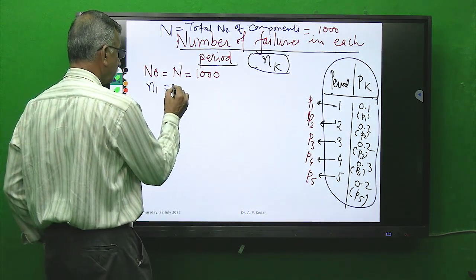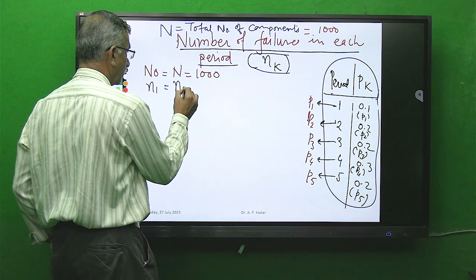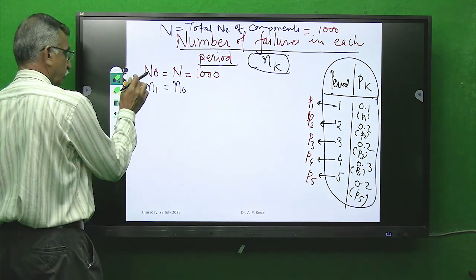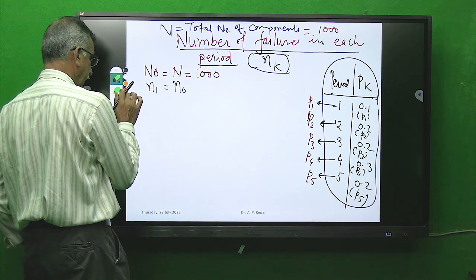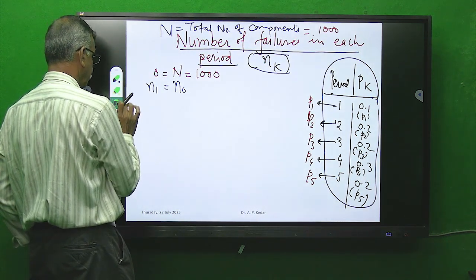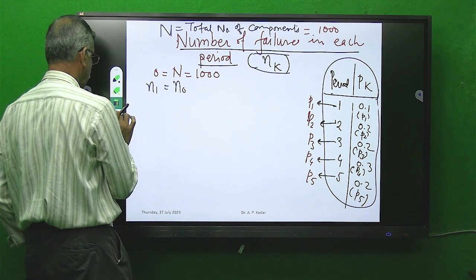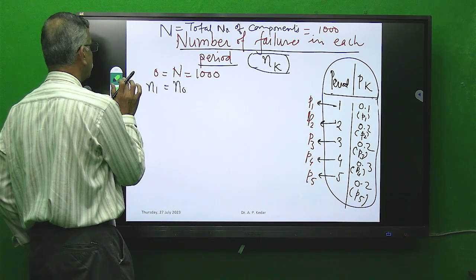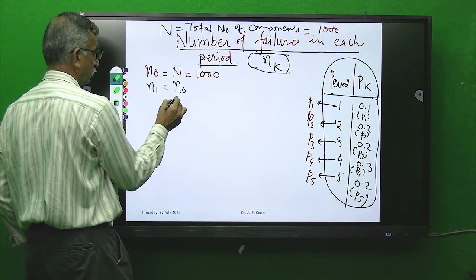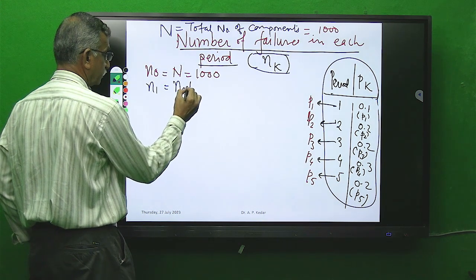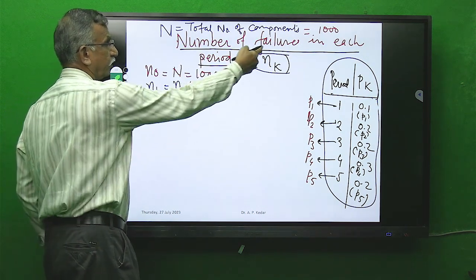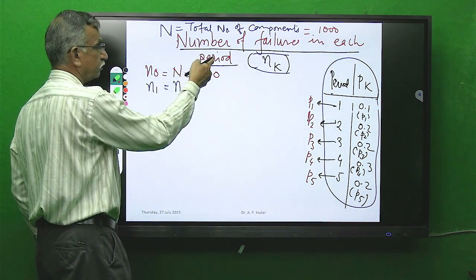So it is N0 into P1. So number of failure in first period.